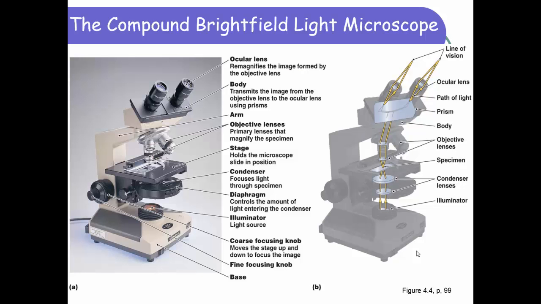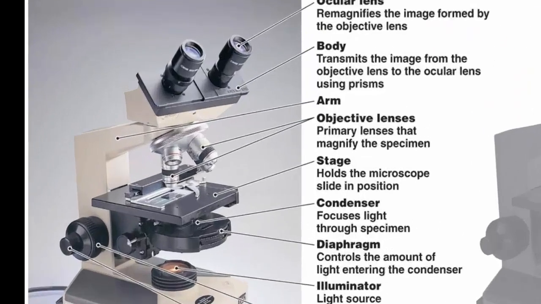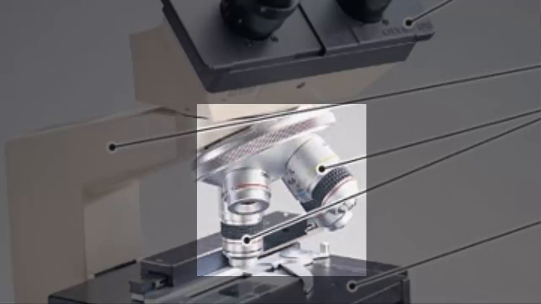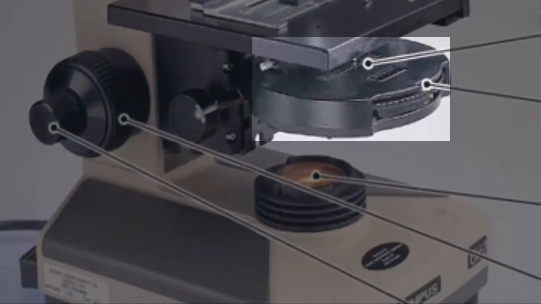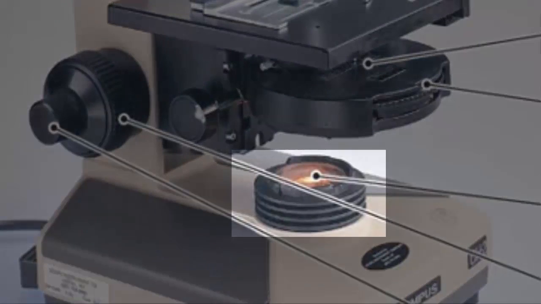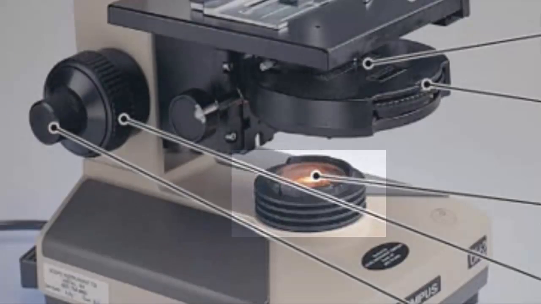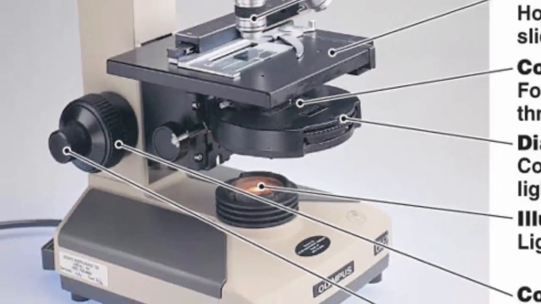The compound bright field light microscope that we use in the laboratory has all these various parts, which you should already know. But to review: the ocular lenses, of which we use a binocular scope, meaning it has two oculars; the body; the arm; the objective lenses, of which we have four on our microscopes; the stage, which holds the specimen; the condenser, which focuses the light; the diaphragm, which controls the amount of light; the electric illumination source, where the white light comes from; the coarse focusing knob, the fine focusing knob, and the base.